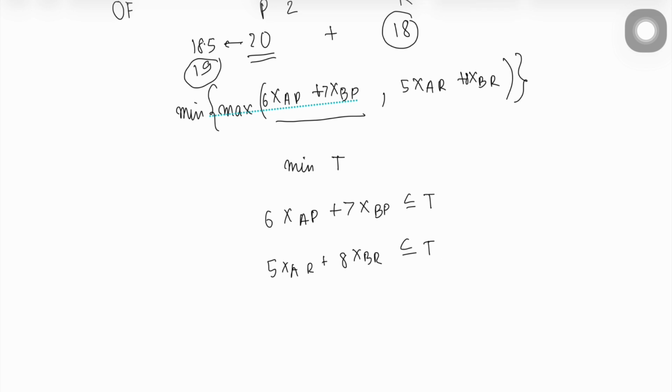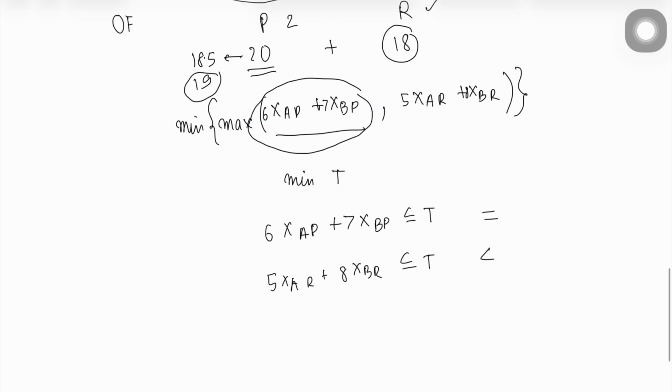So let's say this was the one which was having the maximum value. If we just replace t with this value, here the equality sign will hold, and here, since it is the bigger of the two values, the less than sign will hold.